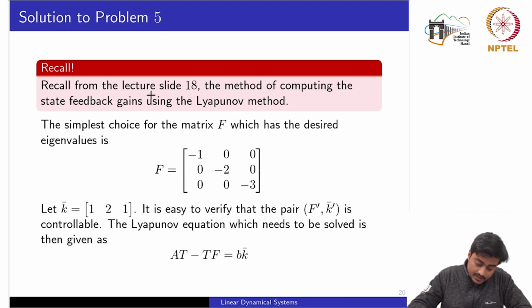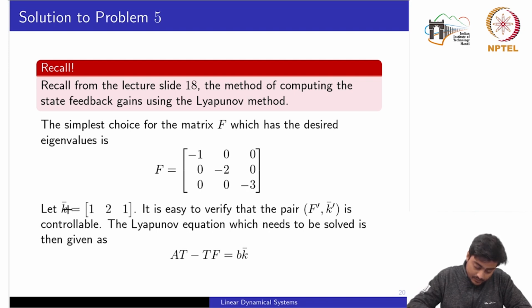So recall from lecture slide 18 the method of computing the state feedback gains using the Lyapunov method. First we form a matrix F so that the eigenvalues of the matrix F would be at the desired location. Here we are using a diagonal matrix so that the eigenvalues are readily visible at -1, -2 and -3.